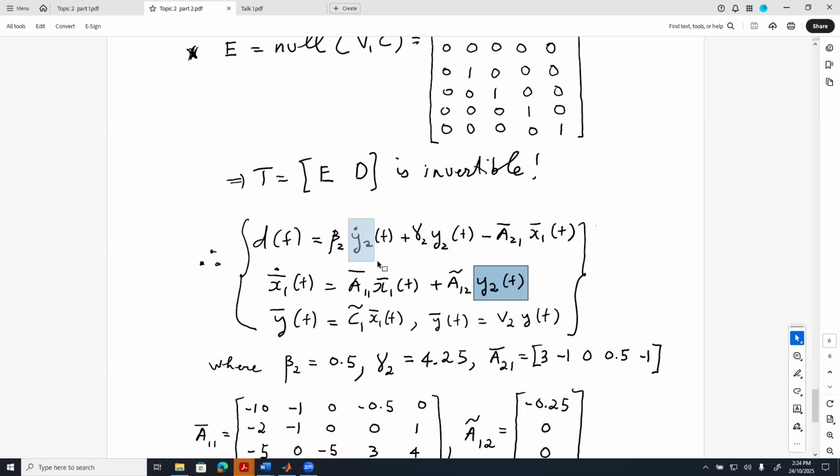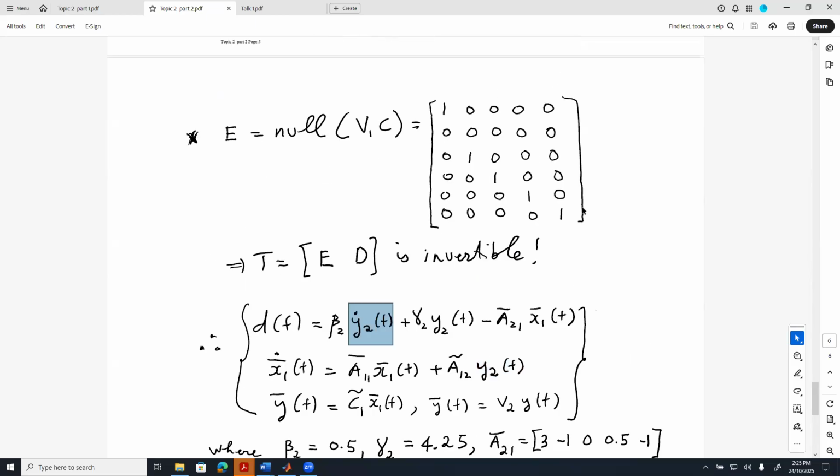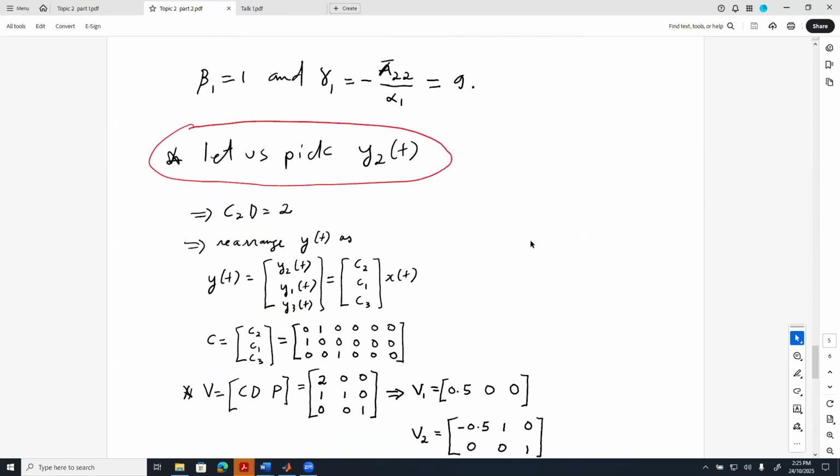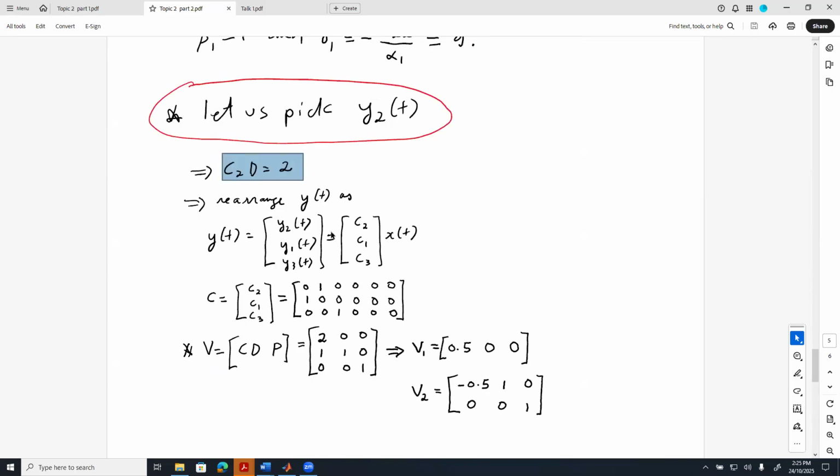Have a look at this. This is the derivative of the second output measurement. And so the way to do that is very straightforward. This one is non-zero, it's equal to 2, so alpha 2 is 2. We rearrange the output measurement. We make the second output to be the first one, and the rest of them, we have y1 and y3.